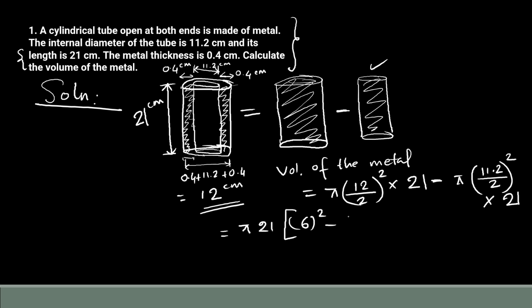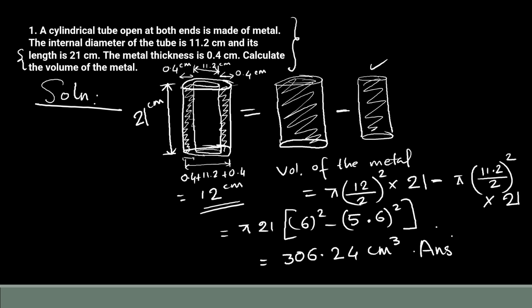You can just write it as 5.6 squared, and pi 21 is on the outside. So once you calculate it, you will get 306.24 centimeter cube. It is asked to calculate the volume of the metal, so this will be your answer.